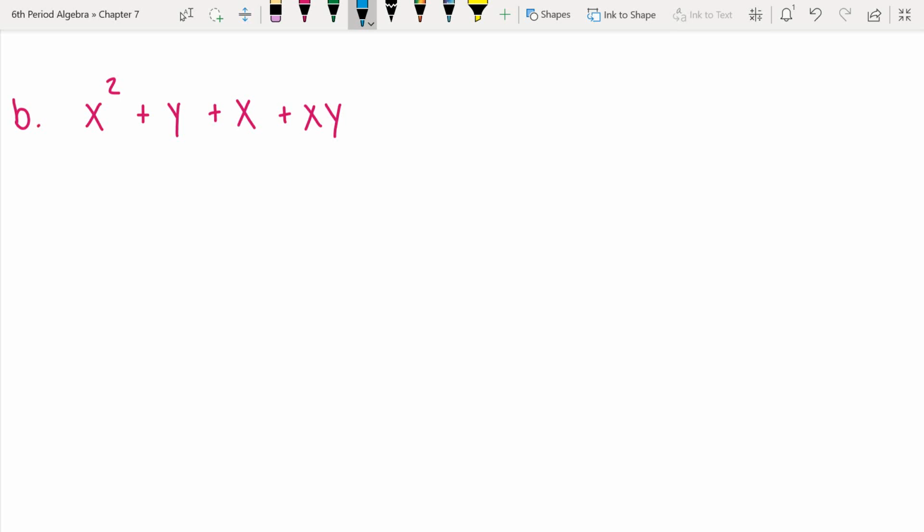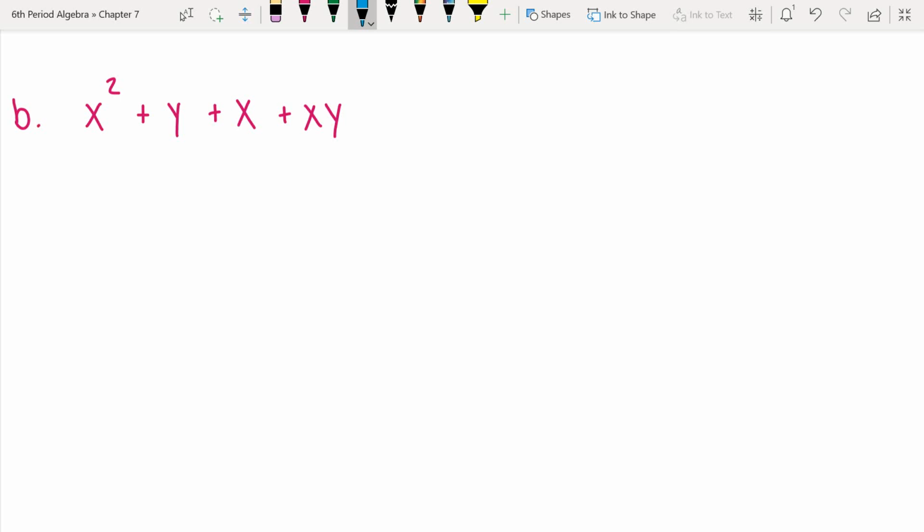So right now I have x squared plus y plus x plus the product of x times y. Well, in order to factor by grouping, we need to make sure that I can have things together that are going to work out. And right now, this just looks like a bunch of letters.